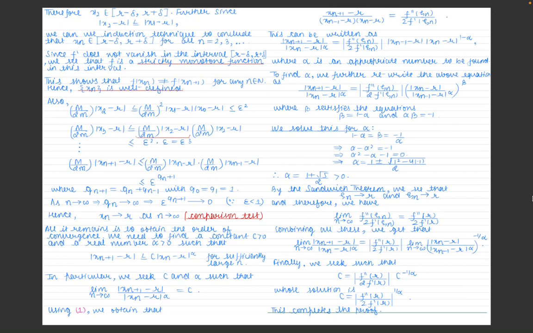|x_{n+1} - r| times |x_n - r|^alpha, you just divide, so it is the same as |f''(zeta_n) / (2 f'(xi_n))| times |x_{n-1} - r| times |x_n - r|^(1 - alpha).